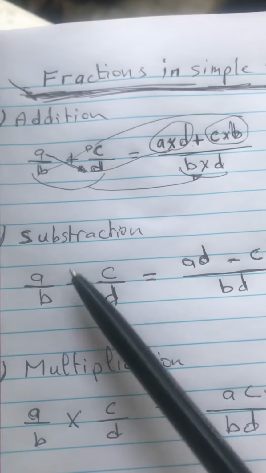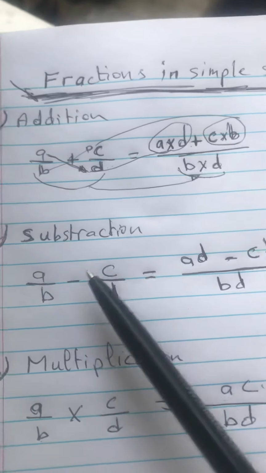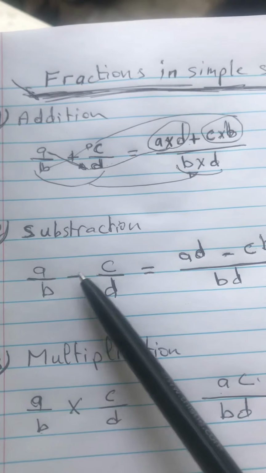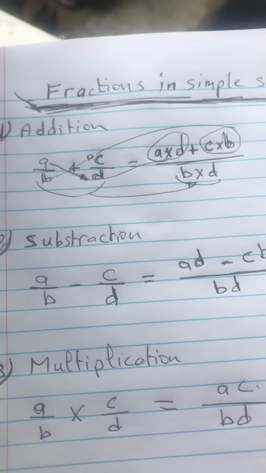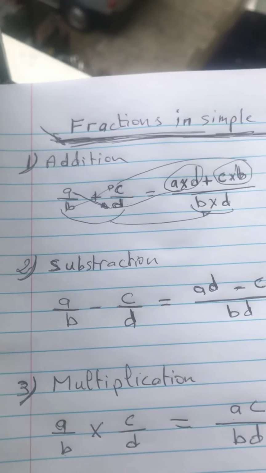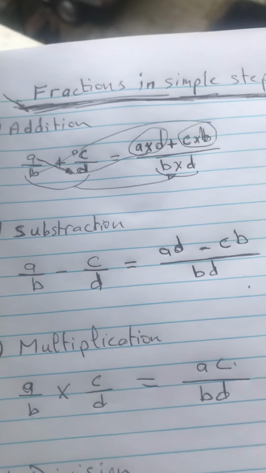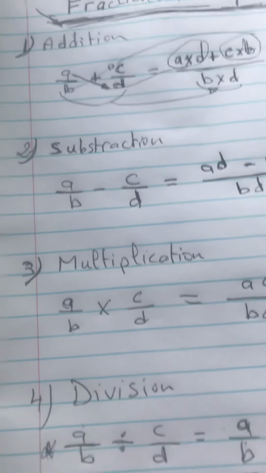The only difference is the sign plus and minus. In addition, we take plus here. In subtraction, we take the minus here. Don't forget the signs. So addition and subtraction are exactly the same, the way we work the fractions out.